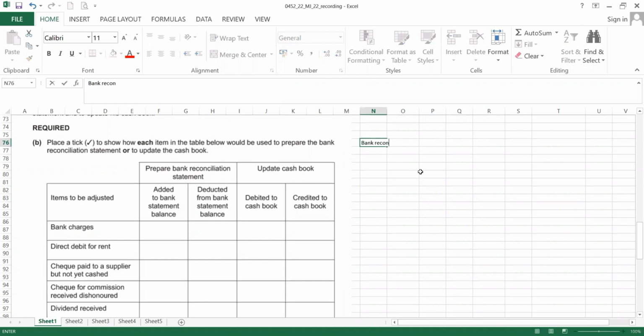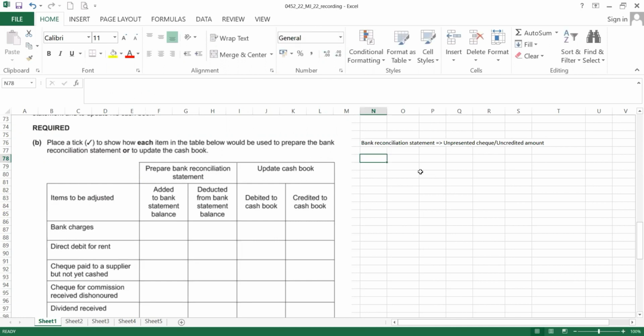Bank reconciliation statement. Two common items are the unpresented cheque and the uncredited amount, where the cash book is already updated but the bank statement has not been.